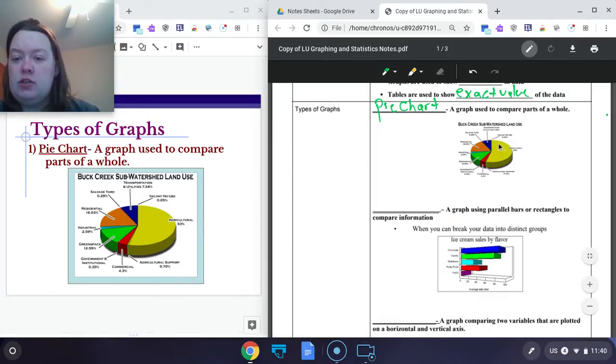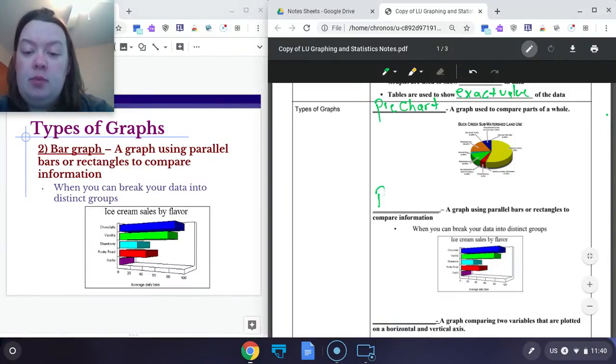We can see a very small percent is used for nothing at all. The blue is transportation. This one here is for residential, where people live. So you can just get a glance and get an idea of the parts of a whole, or percentages, from a pie chart.